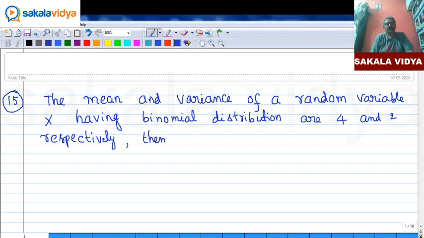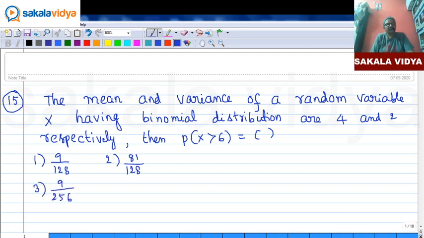Then P of x greater than 6 equals: first option 9 by 128, second option 81 by 128, third option 9 by 256, fourth option 3 by 11. This is the question.